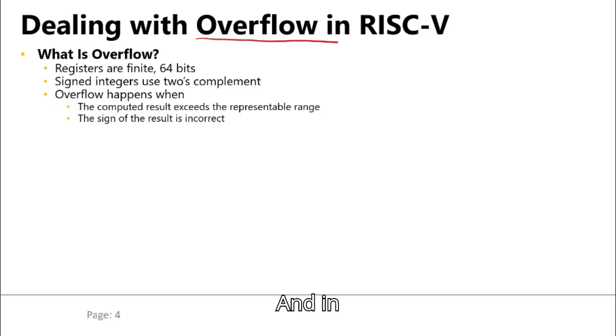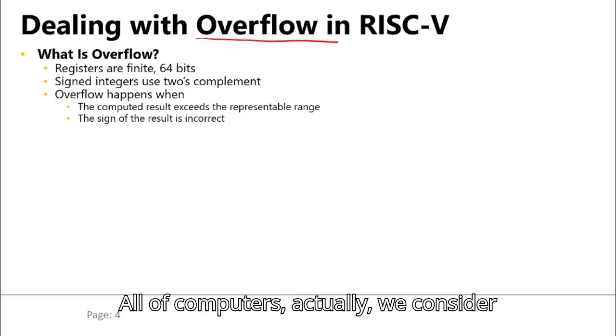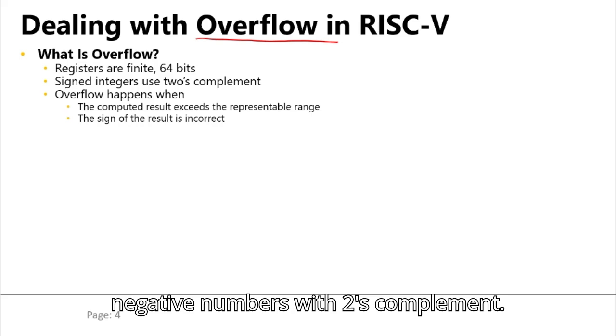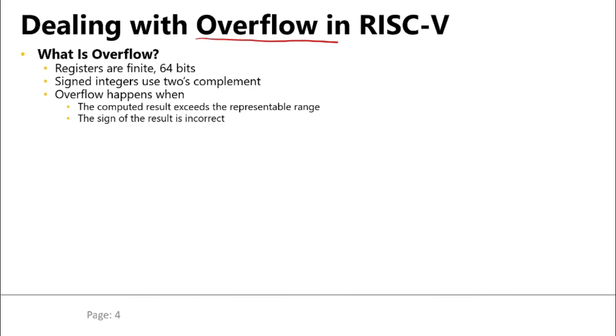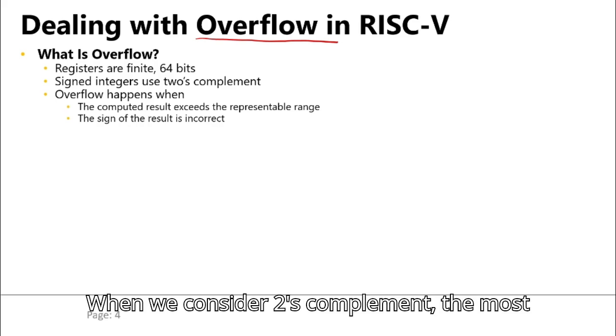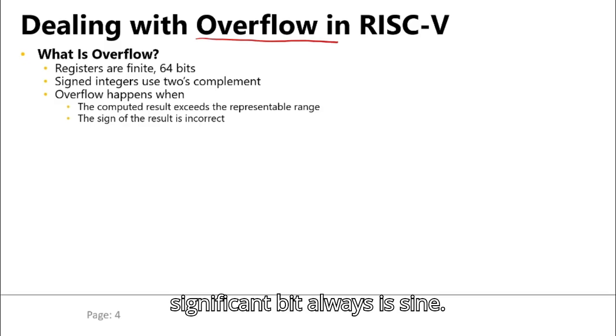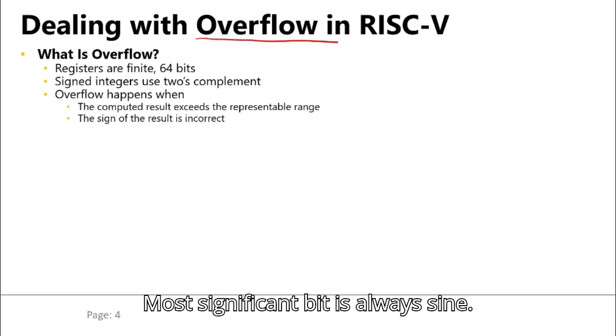And in computers, I can say maybe in all of computers, actually, we consider negative numbers with 2's complement. When we consider 2's complement, the most significant bit always is sign. Most significant bit is always sign.